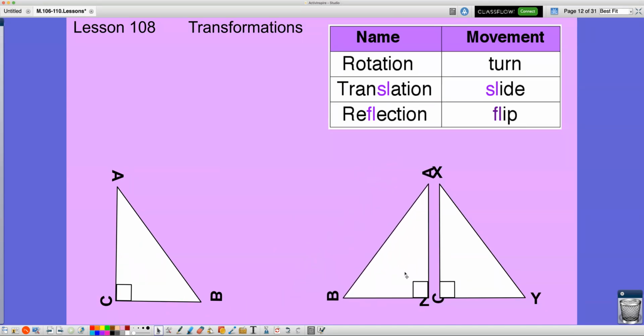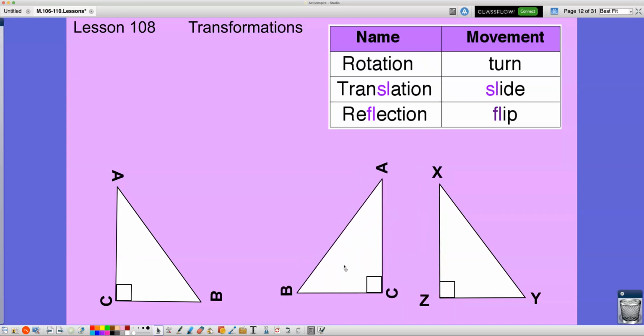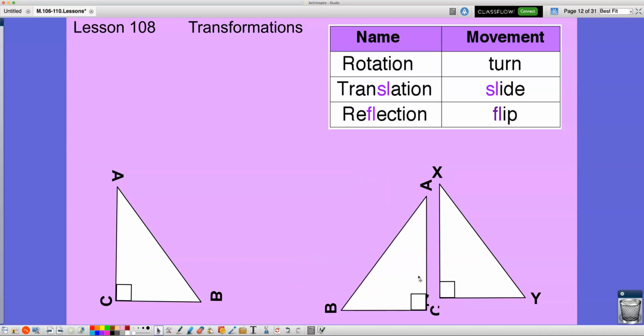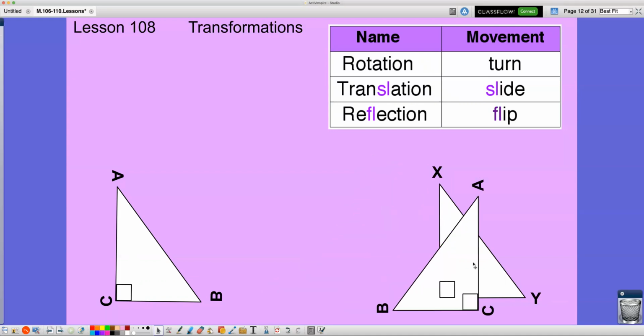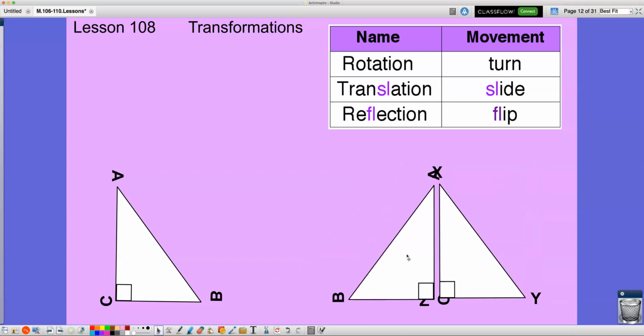And then reflection would be what happens if we were to take this triangle ABC here, and it's reflected into XYZ. You can see if we were to reflect it, it's on this line right here. It's a mirror image. So that's reflection.